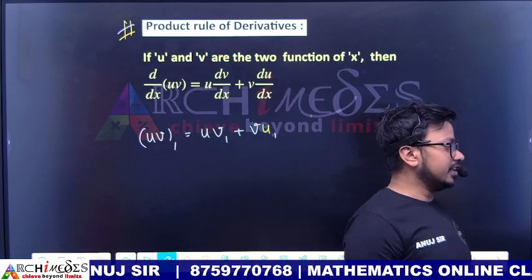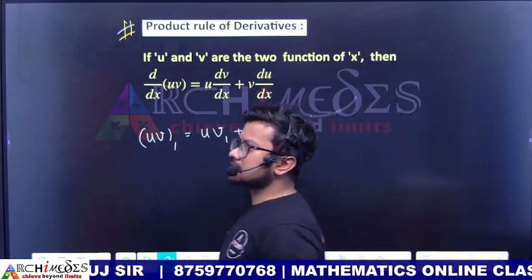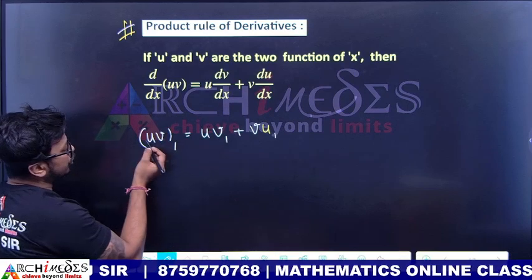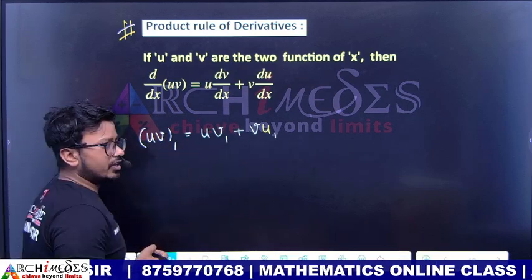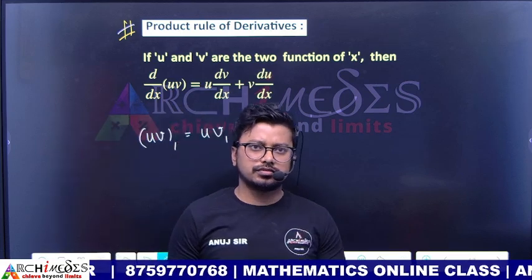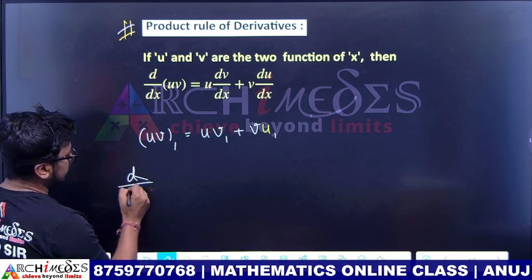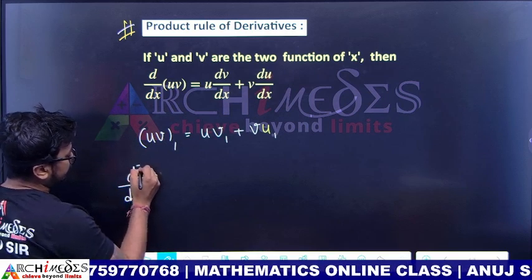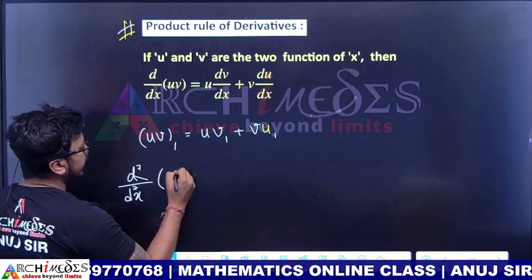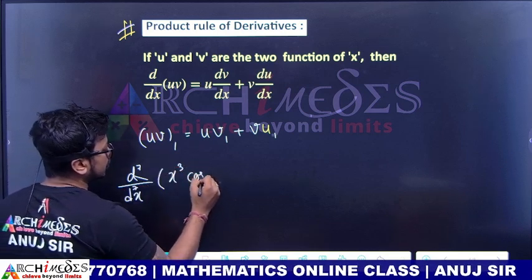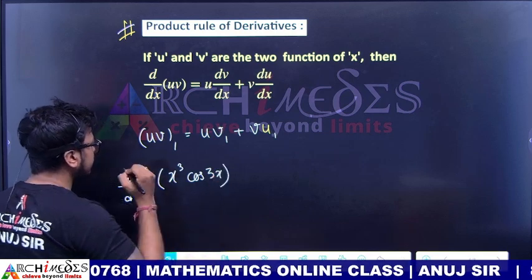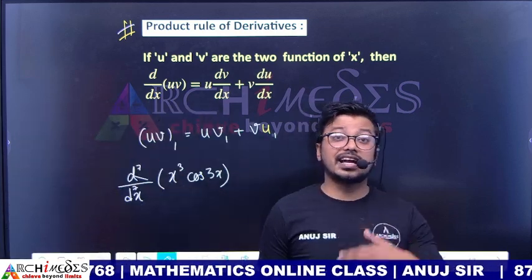Now why we need Leibniz theorem is that in class 11 and 12, what you have done is the uv product rule of first order, and we have done double order derivatives also. But what if they ask you to find the 7th derivative of x cube cos 3x? Then it's very lengthy. You have to do it 7 times.